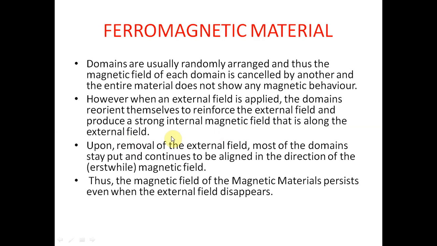Mean जो domains होते हैं मैग्नेटिक फील्ड की absence में वो randomly order होते हैं, therefore net dipole moment is zero. But when a magnetic field is applied, all domains are aligned in the direction of the applied magnetic field. Therefore, this type of material is attracted by the external magnetic field.